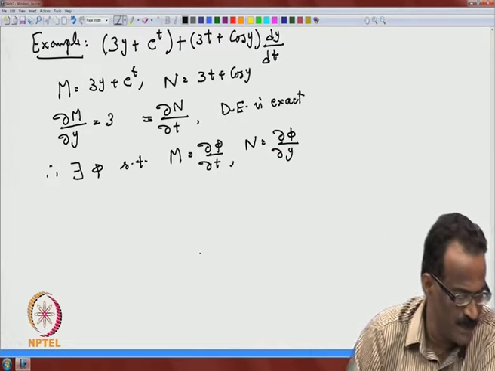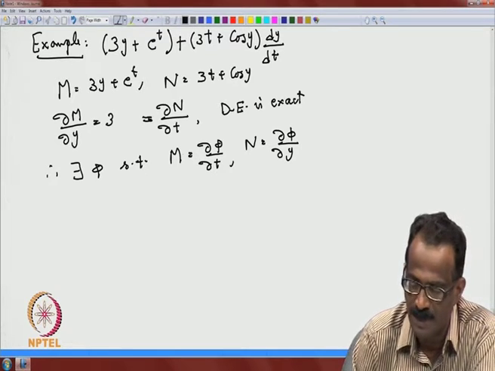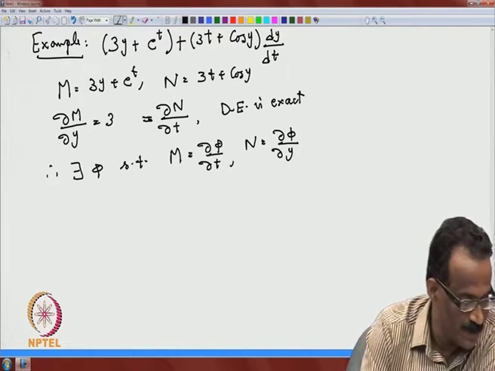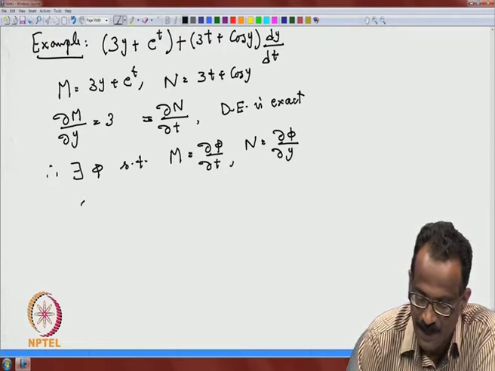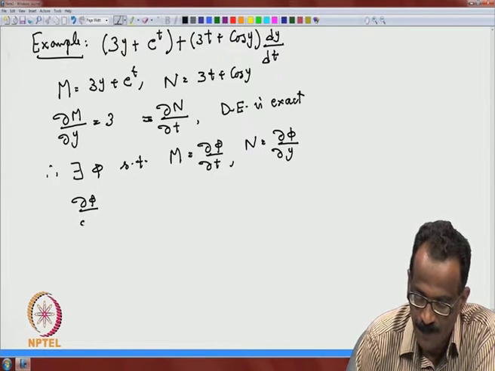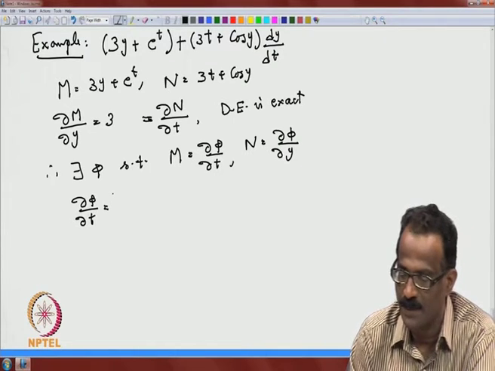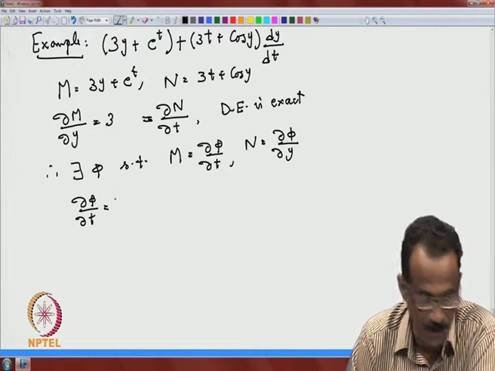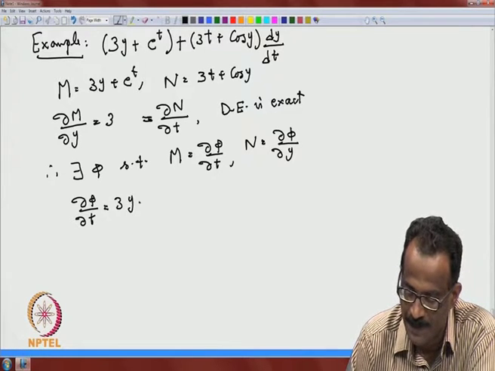You can integrate them out one by one. So, d phi by dt is equal to m, which is 3y plus e power t.